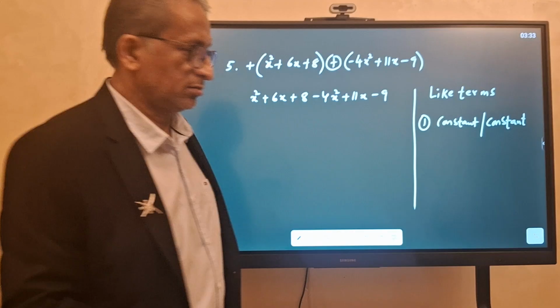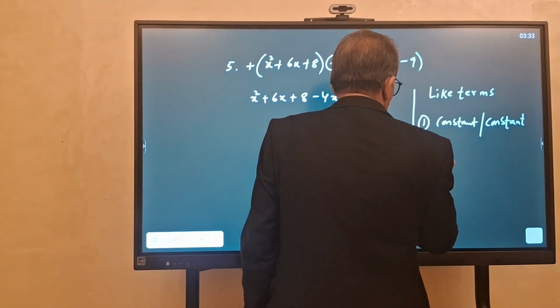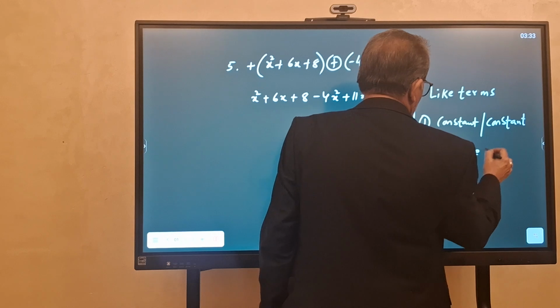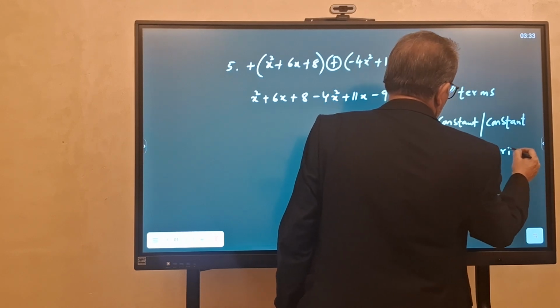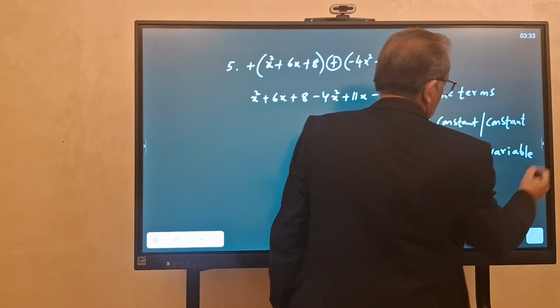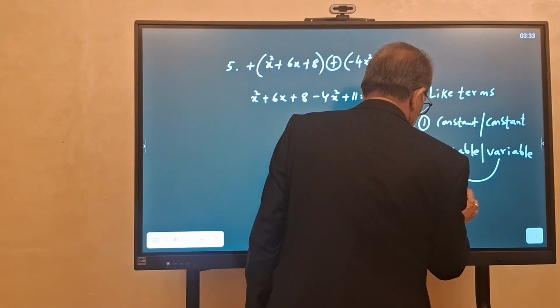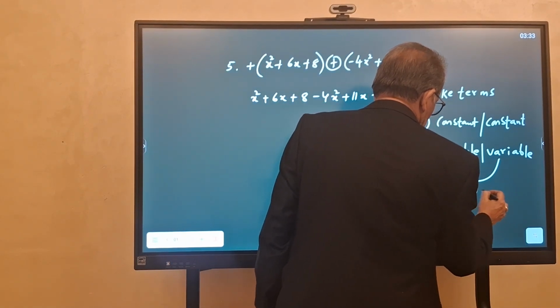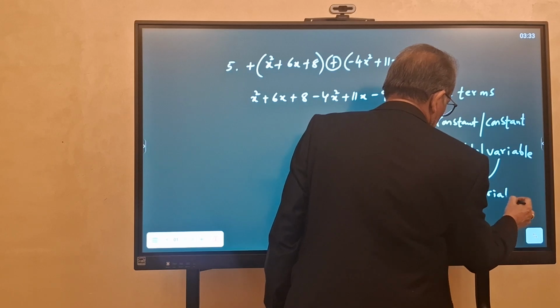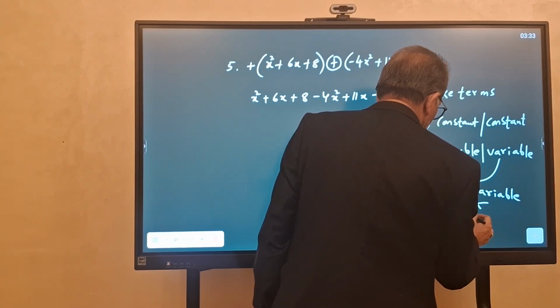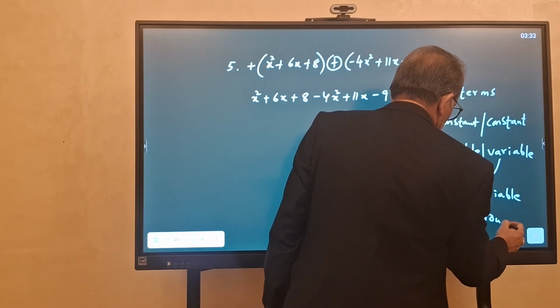This is number 1. Variables are like terms, but both should have same variable and same power. Remember this.